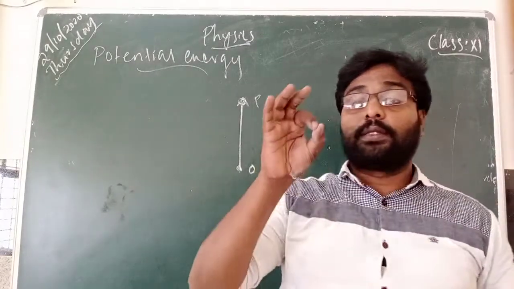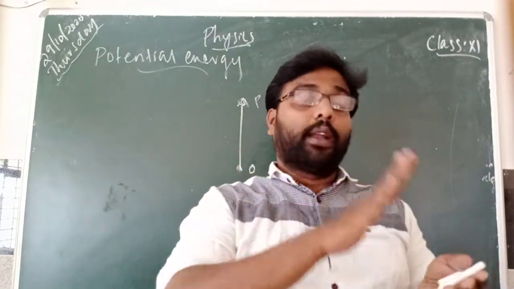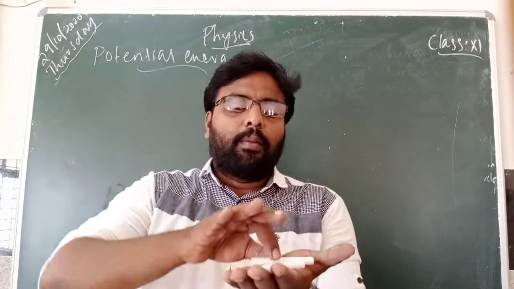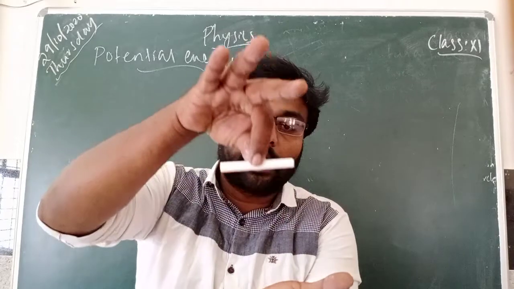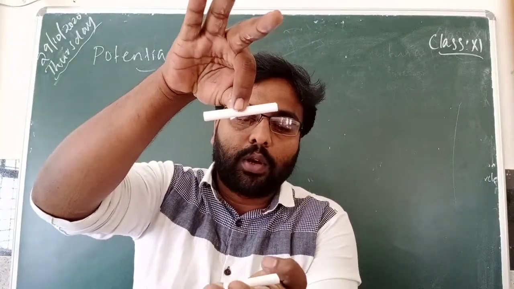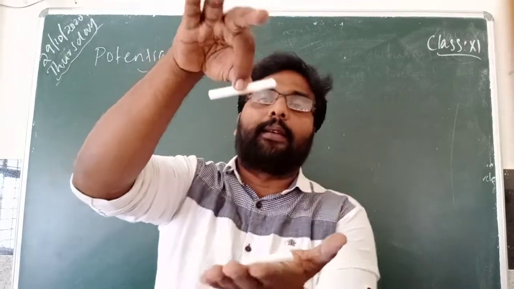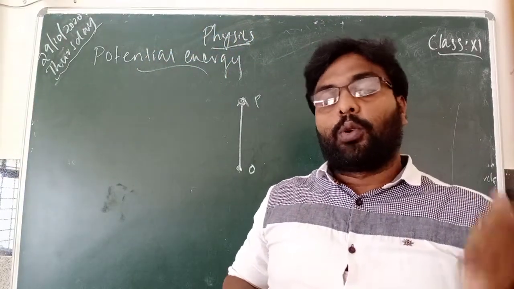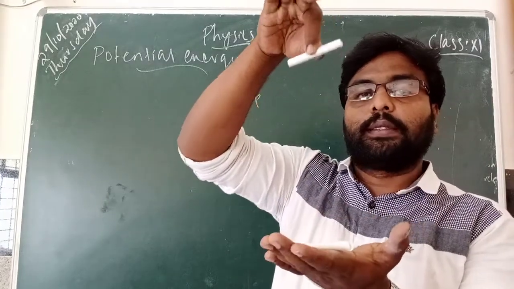You are applying the external force on an object to do some work, so the object is lifted from the initial position to the final position. This is what we call potential energy. So now it possesses potential energy.